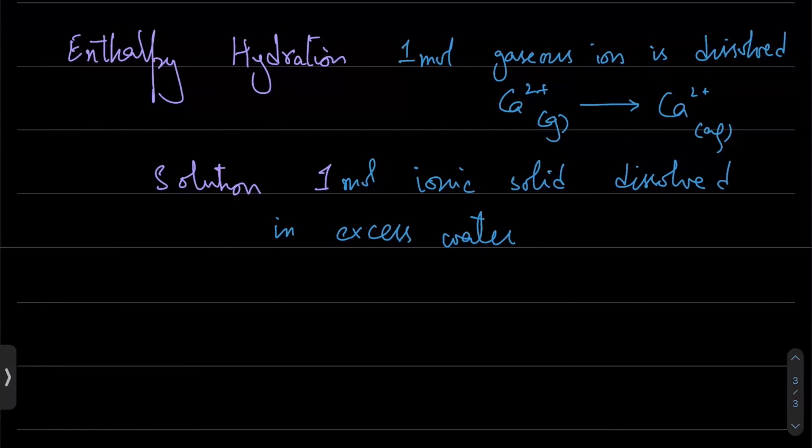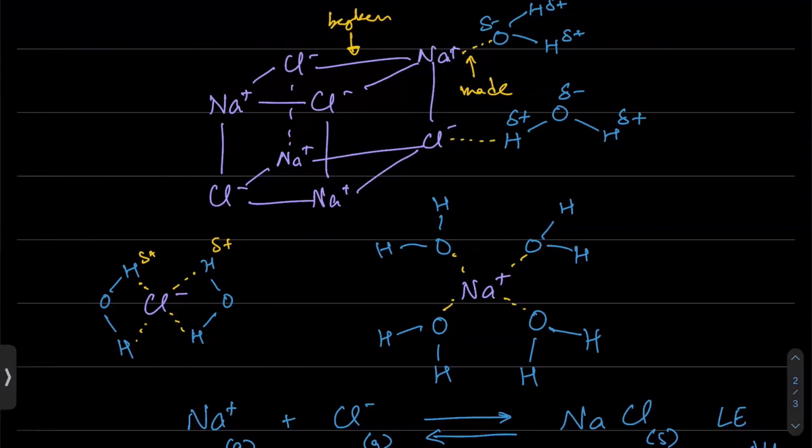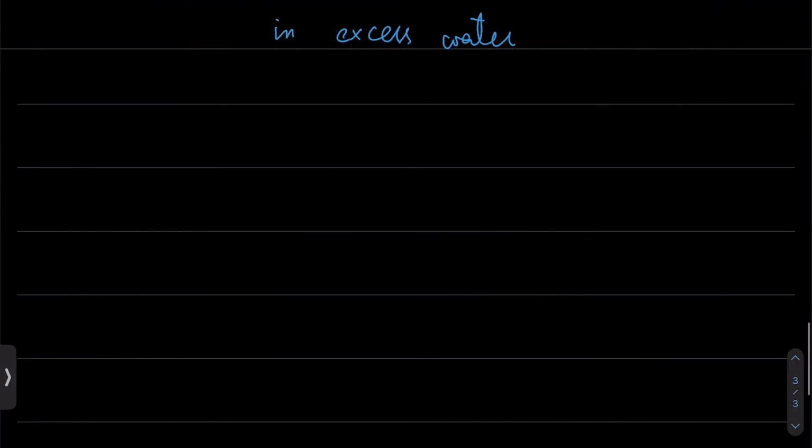So now, how does this lead to the whole solution thing? How does it relate to all of these? Let's look at this. They are actually going to come together and form a heat cycle, which is very interesting. So we started off with sodium chloride, which was the solid, and our aim is for it to dissolve, so that sodium ions become aqueous and chloride ions become aqueous.